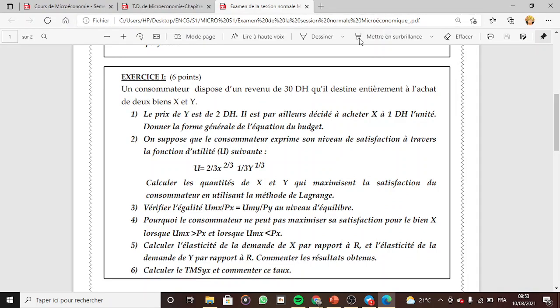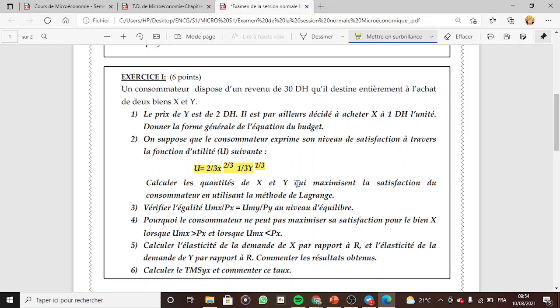I mentioned in a previous class that every question of this type will have a different utility formula. So in this case, we have 2 over 3 x to the power 2 over 3 times 1 over 3 y to the power 1 over 3.